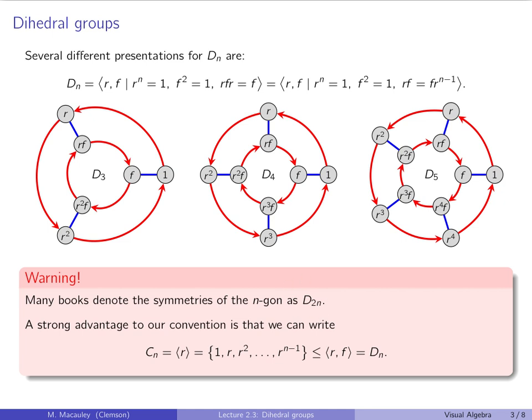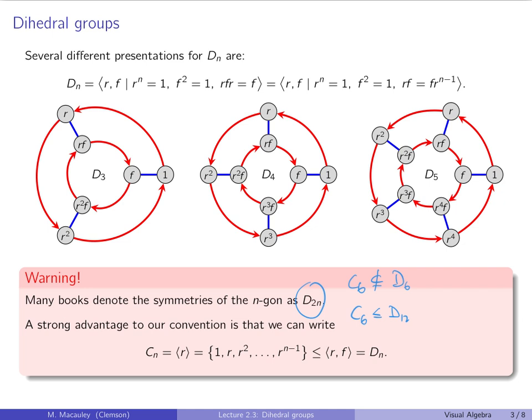If you use the other convention, then C6 is not even a subset of D6. C6 naturally is a subgroup of D12. But really, I think the subscript should denote which roots of unity are along the outside. To me, that makes the most sense. And I think having a Cayley graph foundation makes that even stronger.